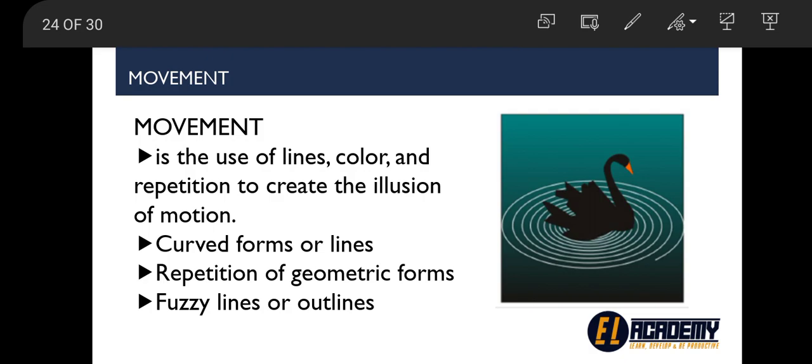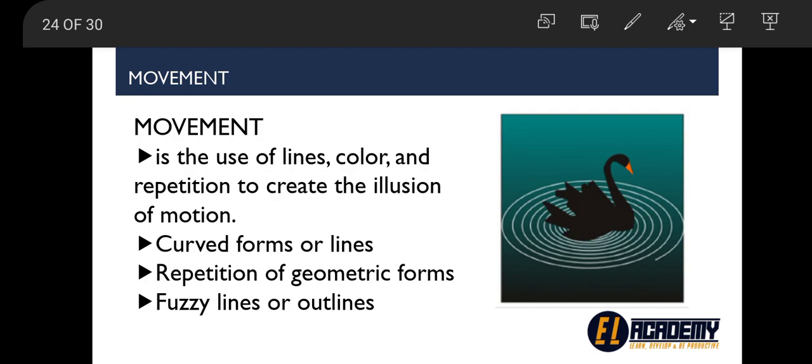An example is the design right here. You look at the design, and this particular bird is like swimming, a bit batting. When you look at it, the first thing that comes to your mind is that this particular animal is moving.